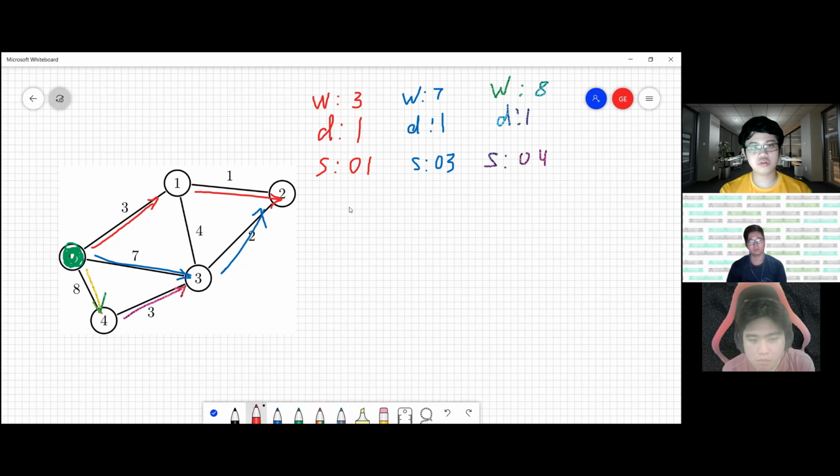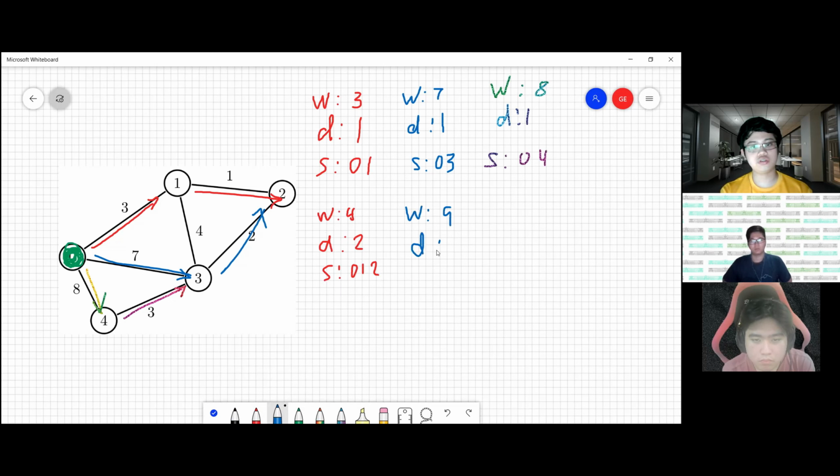For red, the weight now is three plus one, so it's four. The distance is two edges, and the sequence is 0, 1, and 2. For the blue information, the weight is now 7 plus 2, so 9.